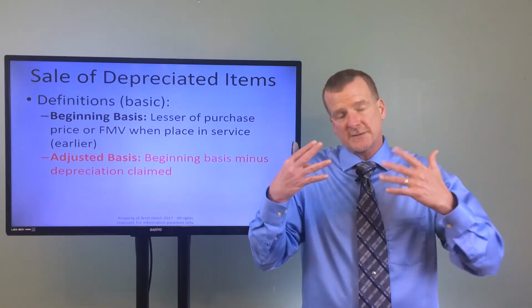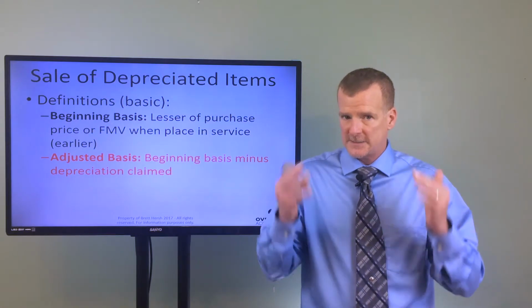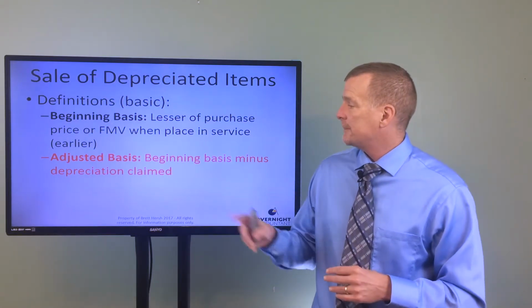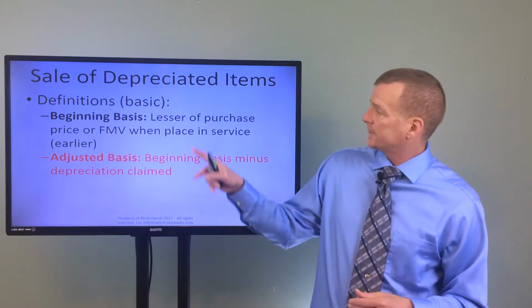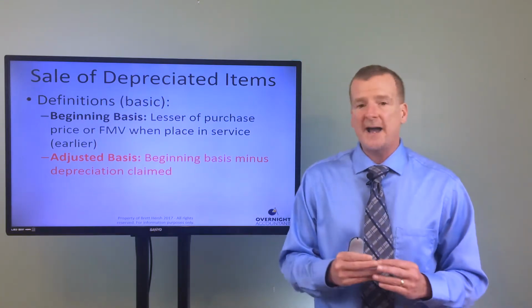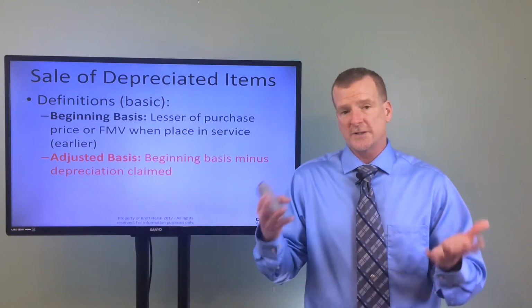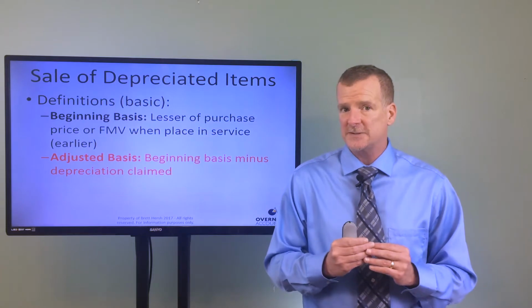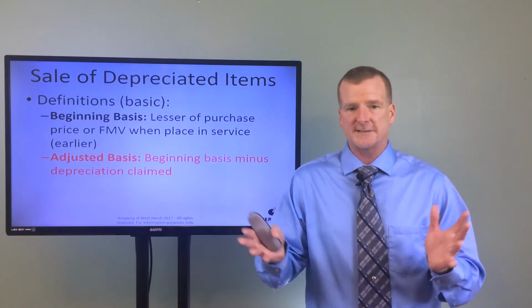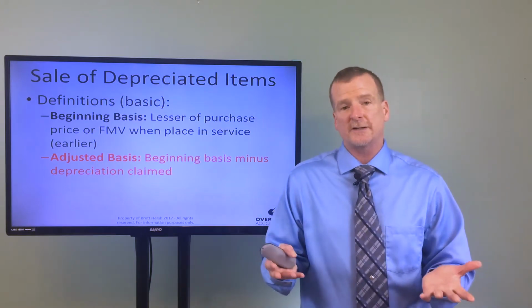Adjusted basis. This is just an example to get you to understand the concept. It's your beginning basis, generally the purchase price, minus the depreciation that you claimed over the years before you sell it. So if you paid $10,000 for an item and you're writing off $1,000 a year, and you have it for 3 years, you've written off $3,000.